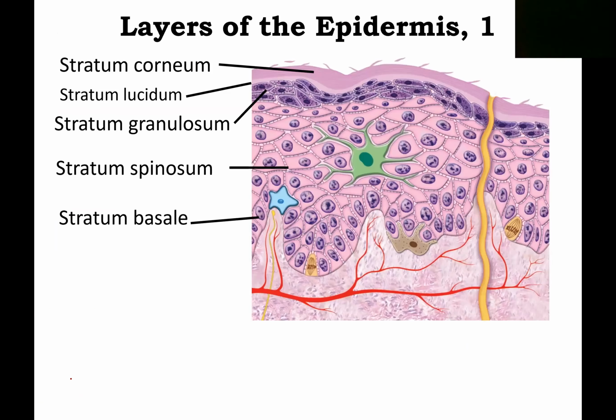Next, we have the layers. And yes, you have to put the word stratum with each layer. So, stratum basal or stratum basale. A couple of different pronunciations depending on where you learned the word. If you learn the word in a zoology setting about animals, you typically pronounce it basale.